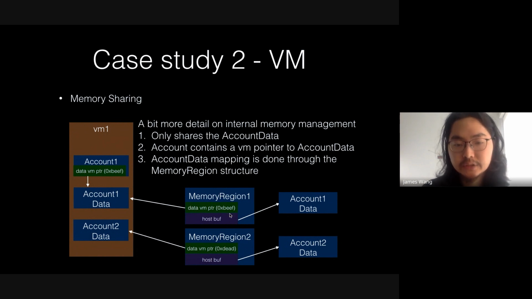And it also stores a host buffer, which points to the actual buffer on the host that contains the account data. So this is how the memory mapping works. Whenever we try to access some data, we look up the relevant memory region, find the matching virtual memory pointer, and translate it to the host buffer pointer, and then access data through the host buffer.